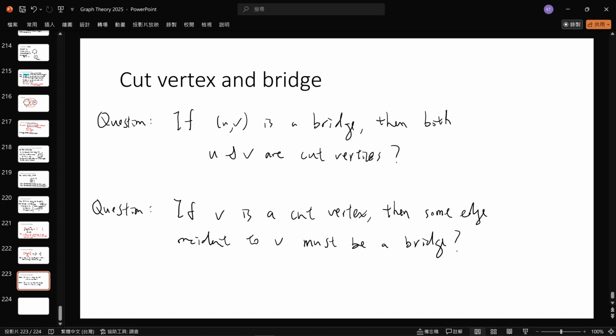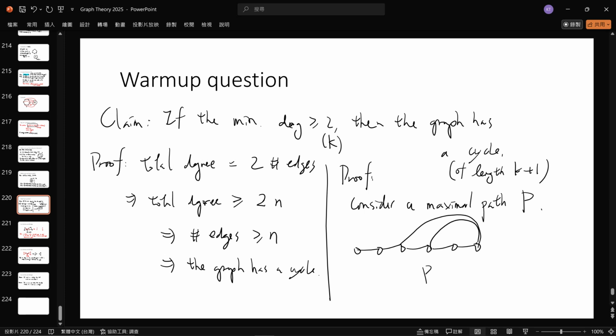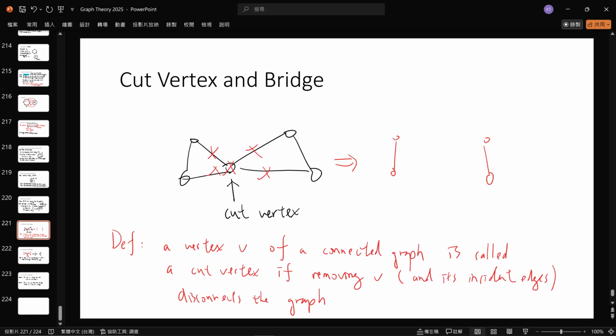I think for the second question, it's easy to see that the answer is no, because I just gave you a counterexample. This is a cut vertex, but none of these 4 edges is a bridge, because no matter which edge you remove, the graph is still connected. So the answer is no.